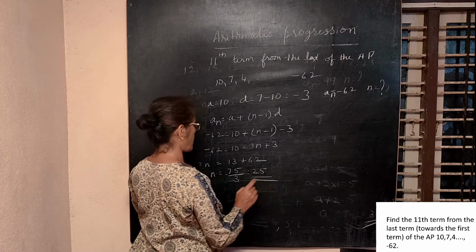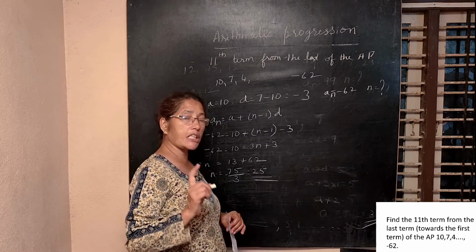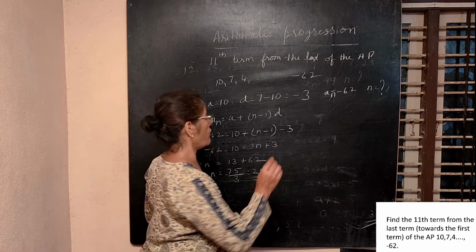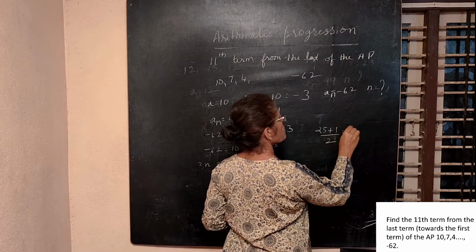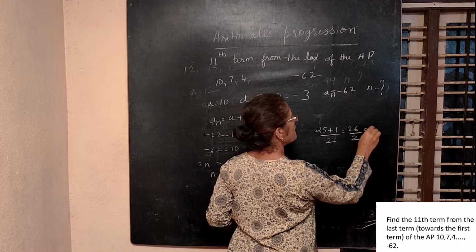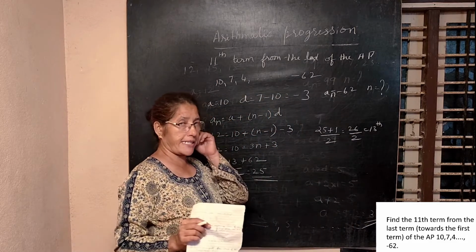From this data, it is very clear that there are 25 terms. Which is the middle term of 25 terms? 25 plus 1 divided by 2. This is the middle term. So, 26 by 2, the 13th term, is the middle term. Now, try to understand.